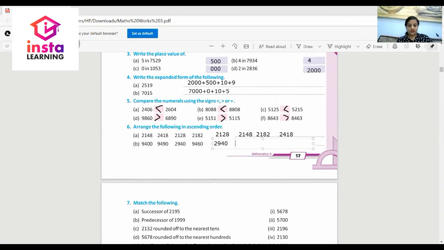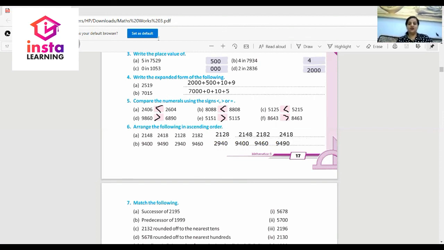After that, 9400 will come, then 9460 will come, and after that the biggest number is 9490. This is the answer.